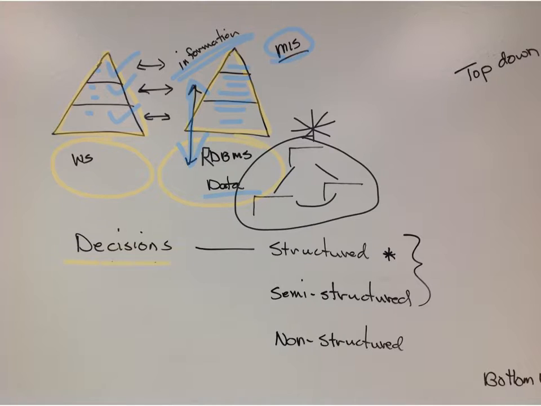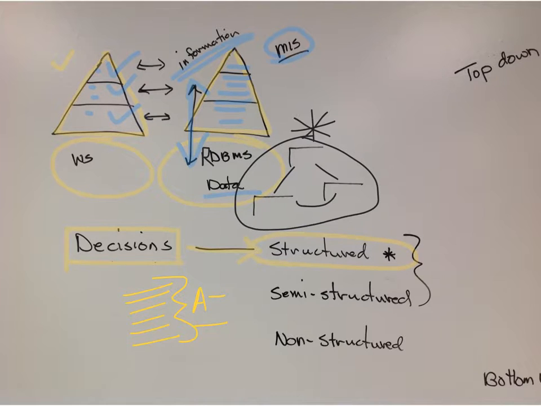So, we make decisions. We talked about 3 different kinds. People have to make decisions, or computers make decisions. Structured decisions are the type that a computer can make. For example, I grade individual items for a student, and then the computer can figure out whether they get an A, a B, an A minus, or whatever.